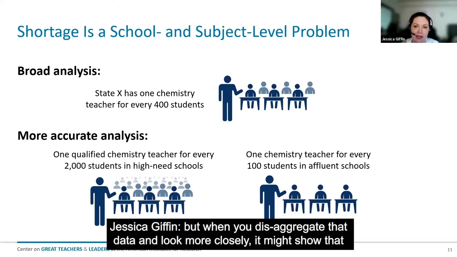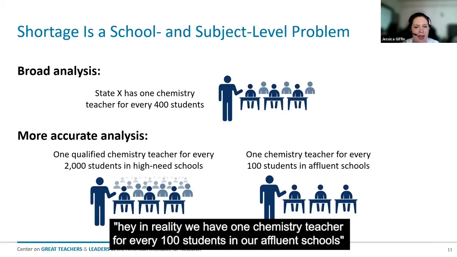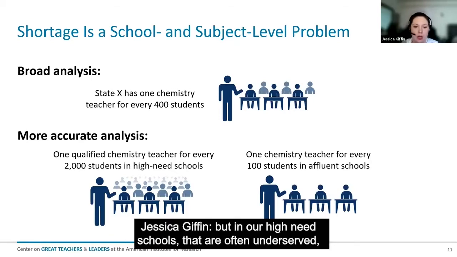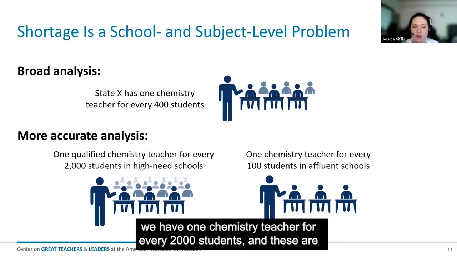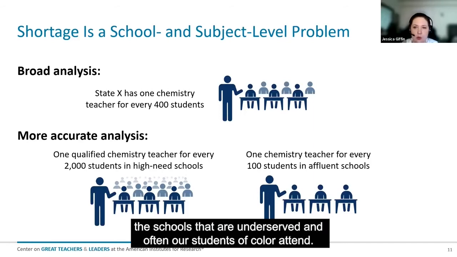But when you disaggregate that data and look more closely, it might show that, in reality, we have one chemistry teacher for every 100 students in our affluent schools. But in our high need schools that are often underserved, we have one chemistry teacher for every 2,000 students. And these are the schools that are underserved and where our students of color often attend.